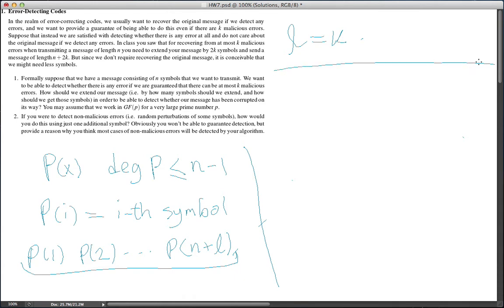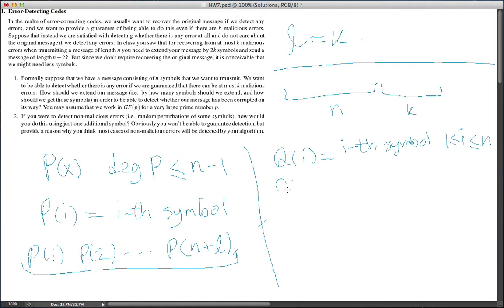First of all, how are we going to do that? Well, we're going to take the first n symbols that we receive. Then we are going to construct a polynomial q that passes through them, meaning that q of i equals the ith symbol for i between 1 and n. And then we are going to check that q also passes through the extra k symbols.